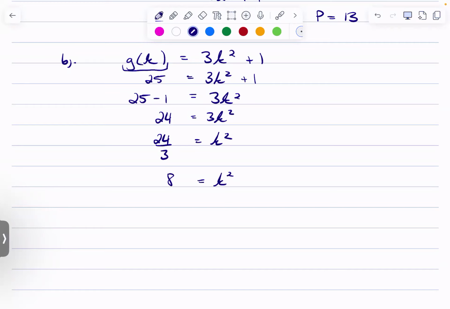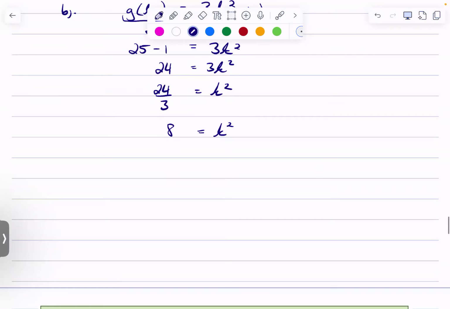How do you undo that square? Square root. Nice. Now, be careful, because when we do the square root of both sides, what happens? We have to add on that plus minus, right? Because we get 2 options. Just think about 2 squared is 4 versus negative 2 squared is also 4, right?